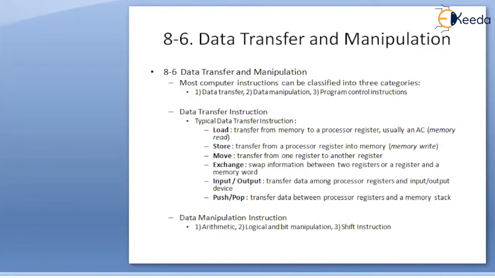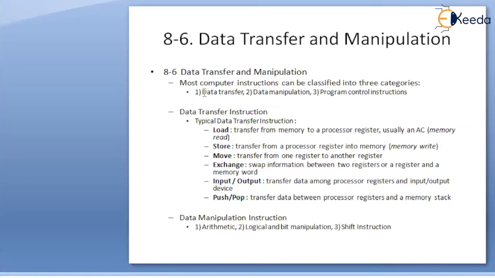Based on the kinds of operations performed by each of these instructions, they can be classified into different types. In any system, the instructions can be divided primarily into three different types.